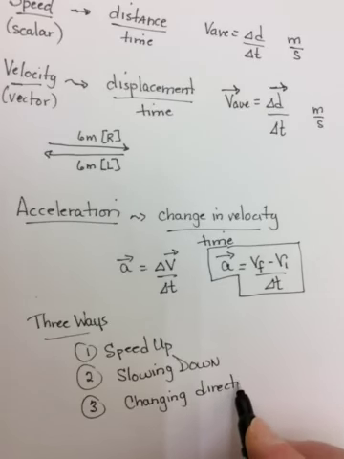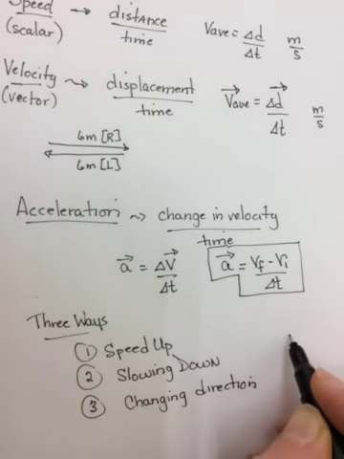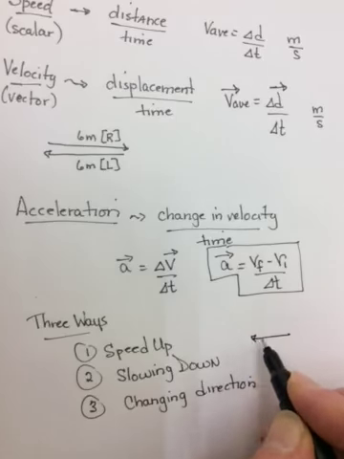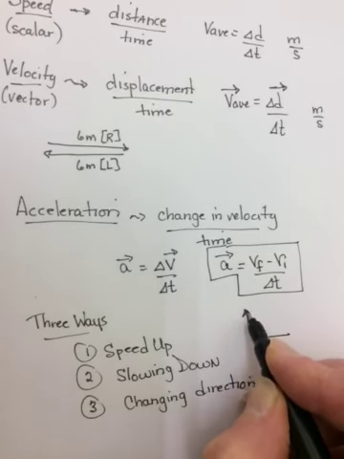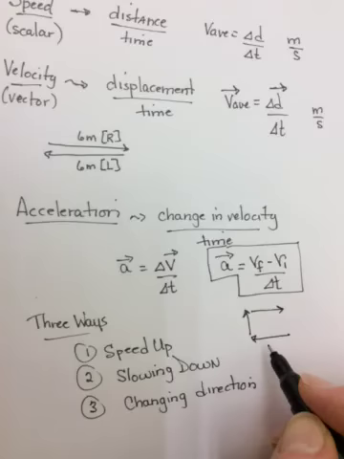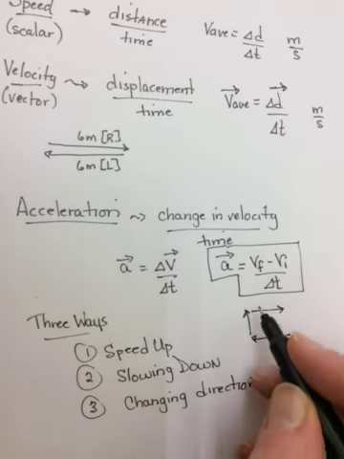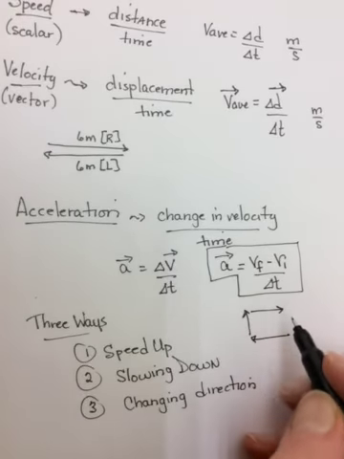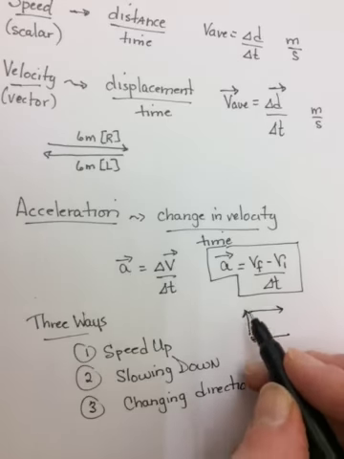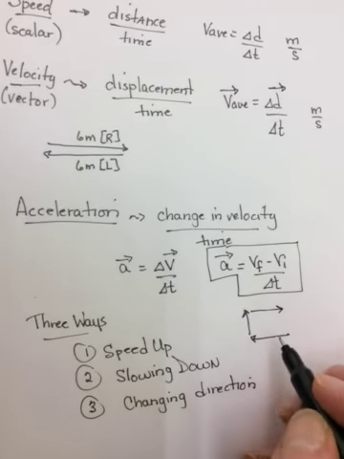If you think of someone walking around the classroom, they walk this way, they walk this way, they walk this way. They're walking at exactly the same rate. They haven't changed their speed at all, but they've accelerated because they've changed their direction.